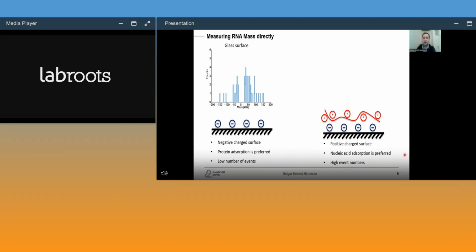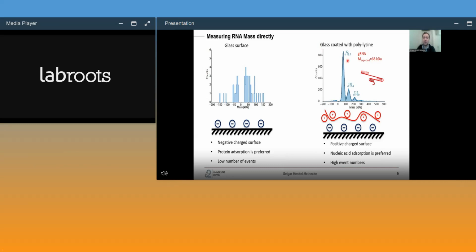Then nucleic acid adsorption is preferred, and we get a high number of events. As you see here, these are two spectrums of the same RNA, but here we barely got any counts, and here we have a lot of counts just from the y-axis already.